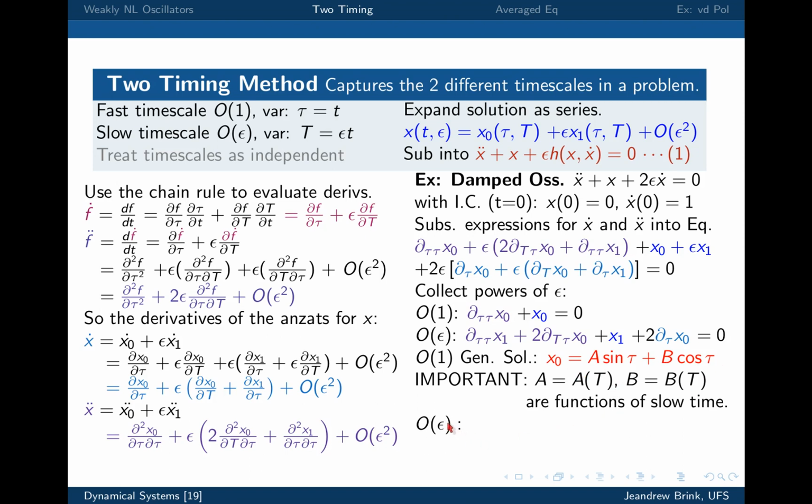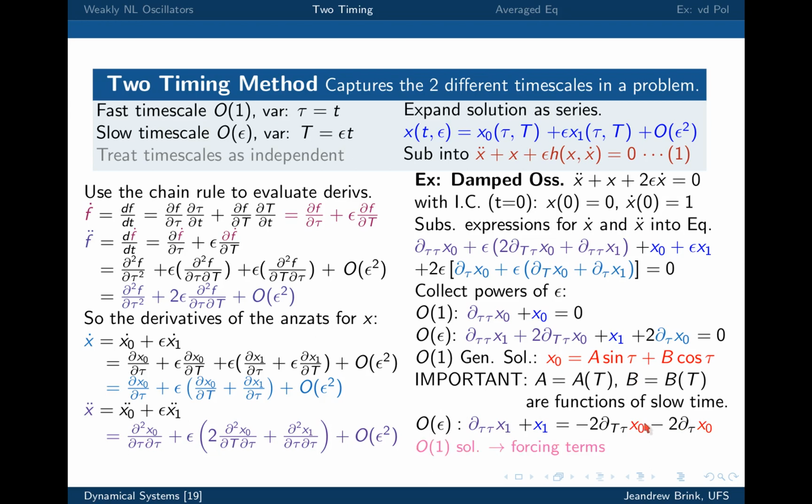Now our order epsilon equation becomes: I group all the x1 terms, which we don't know, on one side, and all the terms that depend on x0, which we know something about, on the right hand side.